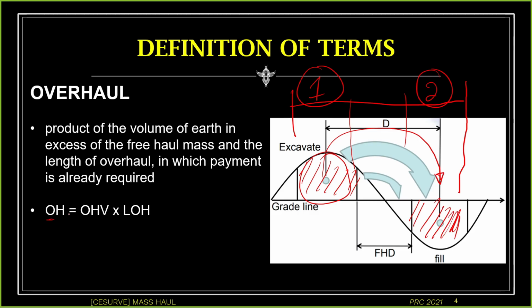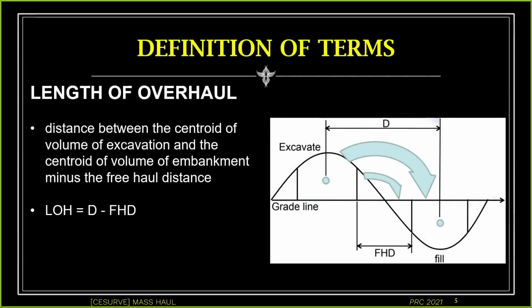So, overhaul is equal to the overhaul volume multiplied by the length of overhaul or the overhaul distance. Then, LOH or the length of overhaul, it is the distance between the centroid of the volume of excavation and the centroid of the volume of embankment minus the free haul distance.